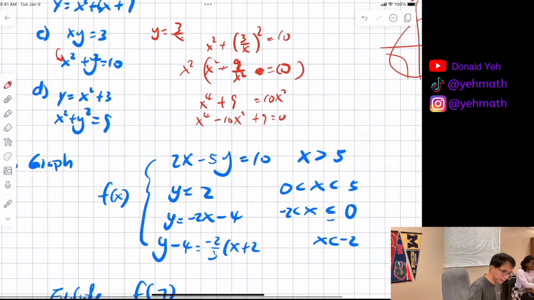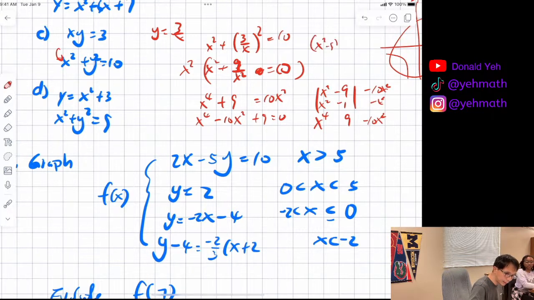This one's hard because it has an x to the 4th, plus 9, minus 10x squared. It factors as x squared minus 9 times x squared minus 1. There's a difference of squares.